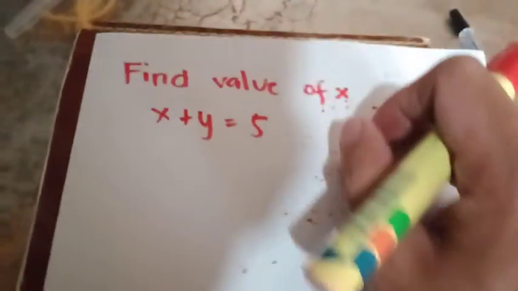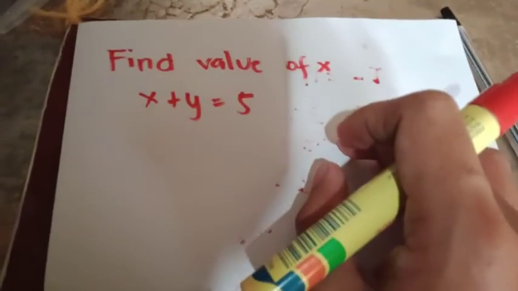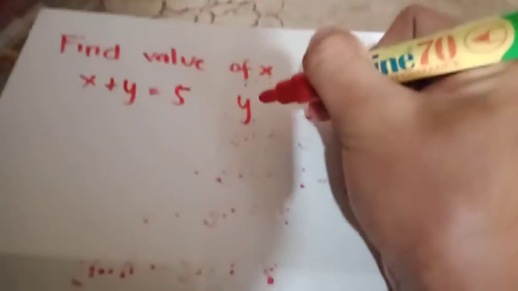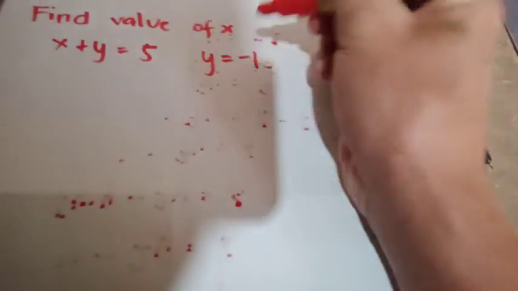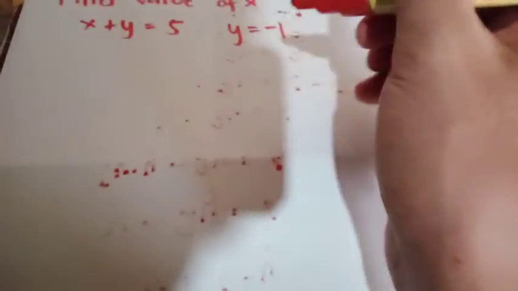Now the next thing we do is we find the value of x. So we all know that the value of y equals negative 1. So we just have to substitute it to the y.